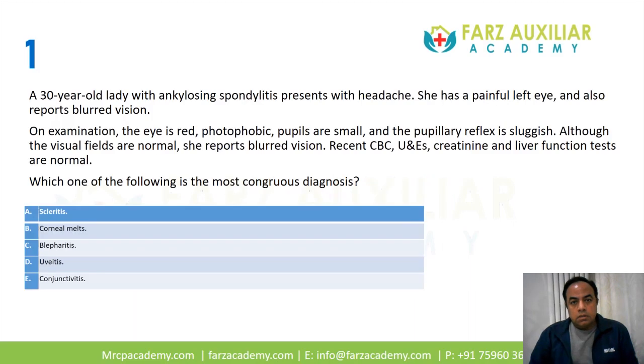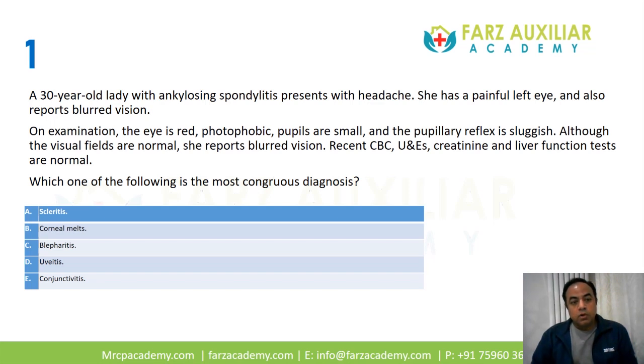Right guys, so the first question is regarding a 30-year-old lady with a diagnosis of ankylosing spondylitis, presents with headaches. She has a painful left eye and she also reports blurred vision. On examination, the eye is red, photophobic, pupils are small, and the reflexes are sluggish.